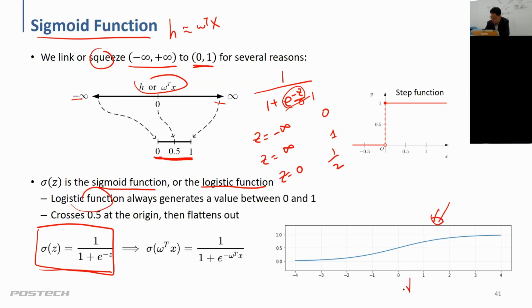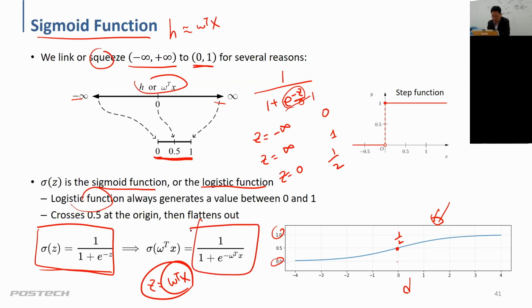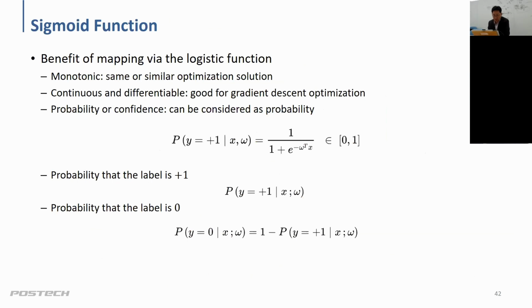If this is the distance x, the output goes from 0 to 1, and here we have half. And we know that z is omega transpose x, so there will be the sigmoid function for that.